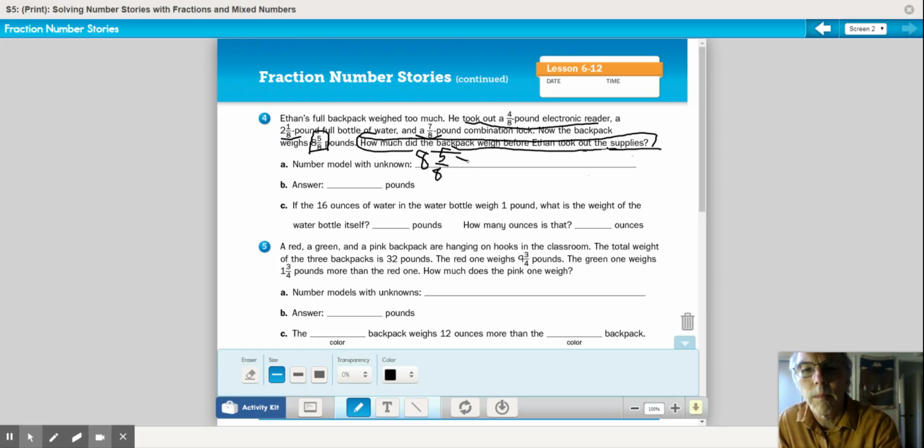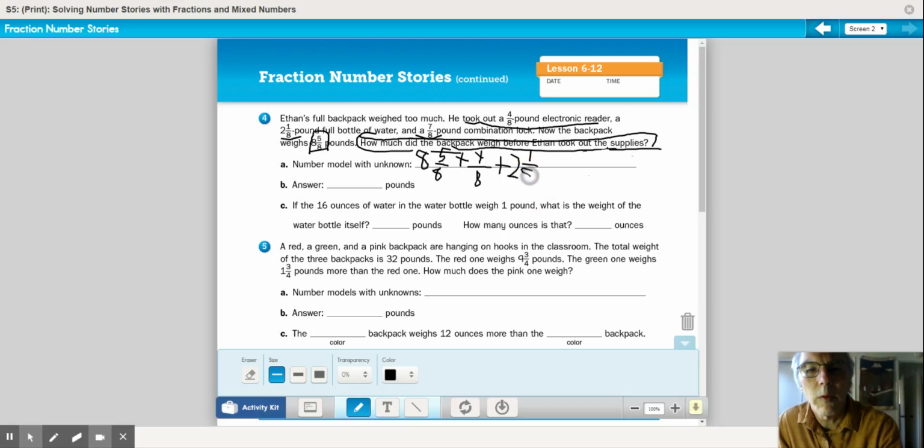plus 4/8 from the very beginning, the 4/8 group, plus 2 1/8, 2 1/8.